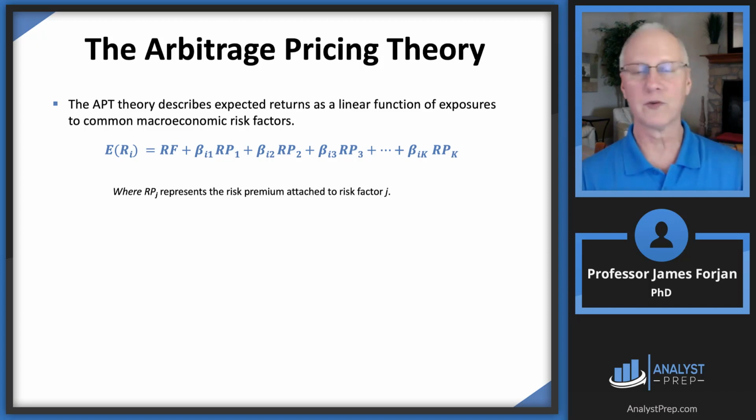It starts with the risk-free rate of interest, just like the capital asset pricing model, and then it identifies risk premiums. There's an RP1, an RP2, an RP3, an RP4, an RP5, and an RP100, all the way out to an RPK. And then there are all of those individual betas. So those are sensitivities to those individual risk premiums, not factors, but risk premiums. I mean, the two are related.